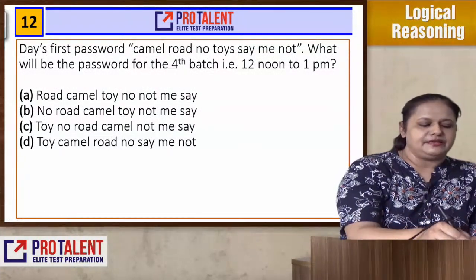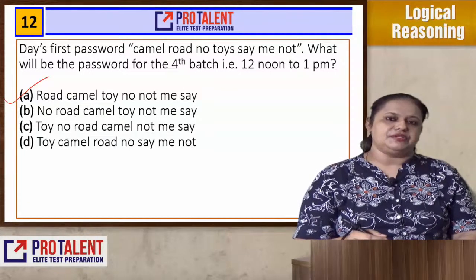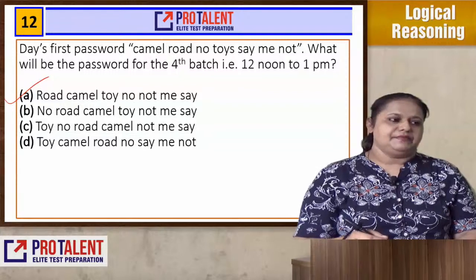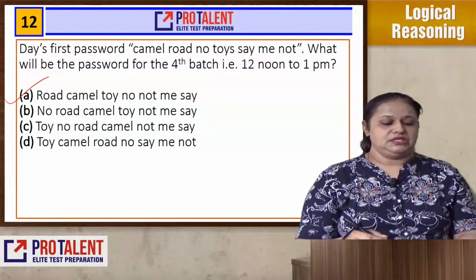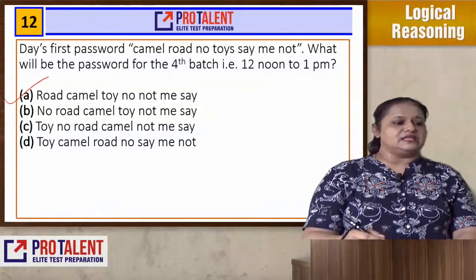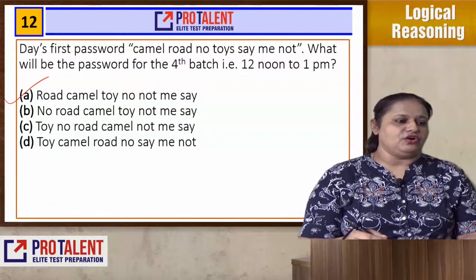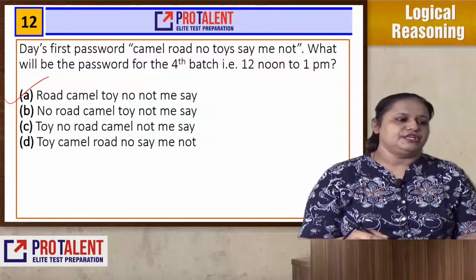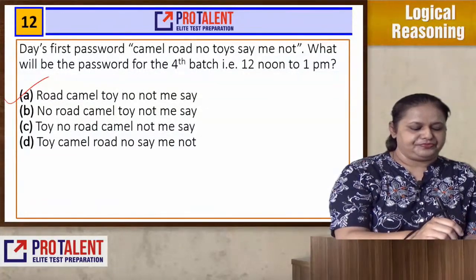The answer is A. See friends, I am just giving you the questions so that you can see what kind of questions are there, but I am not writing all the steps. The answer is A. So Rashi or the other person who is getting B as the answer needs to check that. Okay, fine, but no worries.